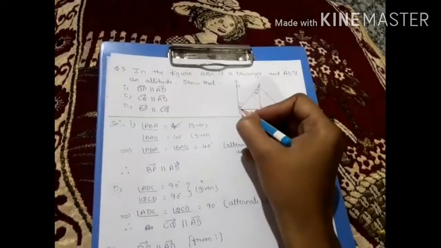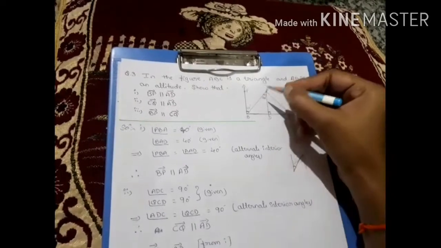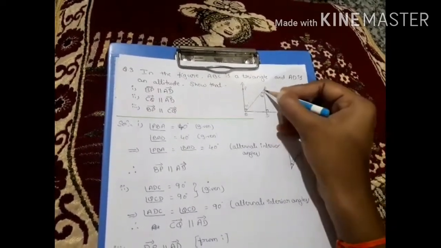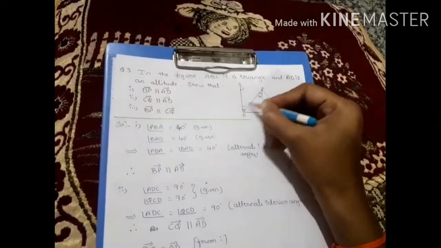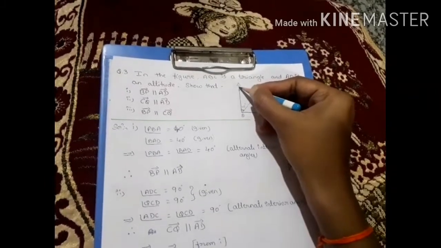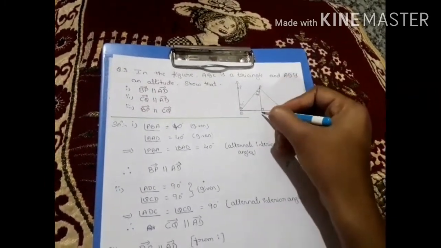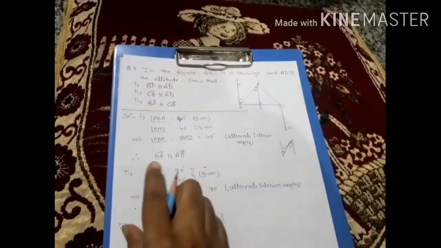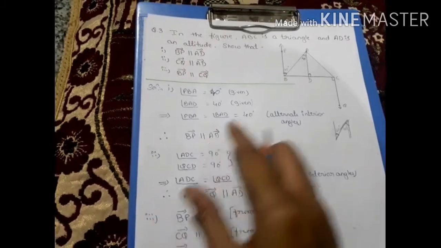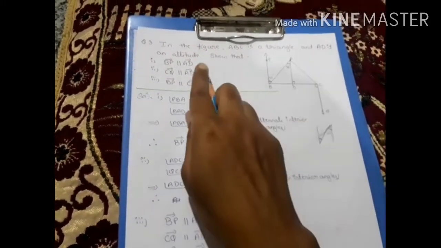Similarly, here angle PBA, 40 degrees, equals angle BAD, 40 degrees. These two are alternate interior angles. Then the line BP is parallel to AD. So write down here: therefore, BP is parallel to AD. What is the reason? Alternate interior angles are equal. So we proved the first one.